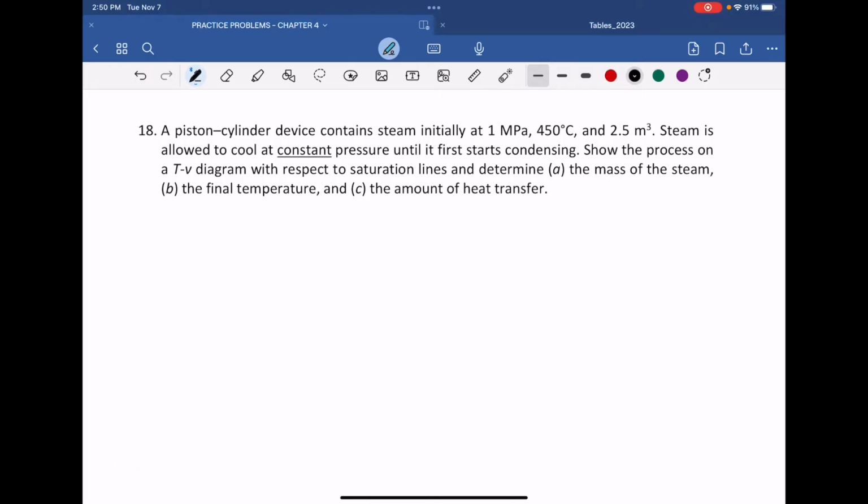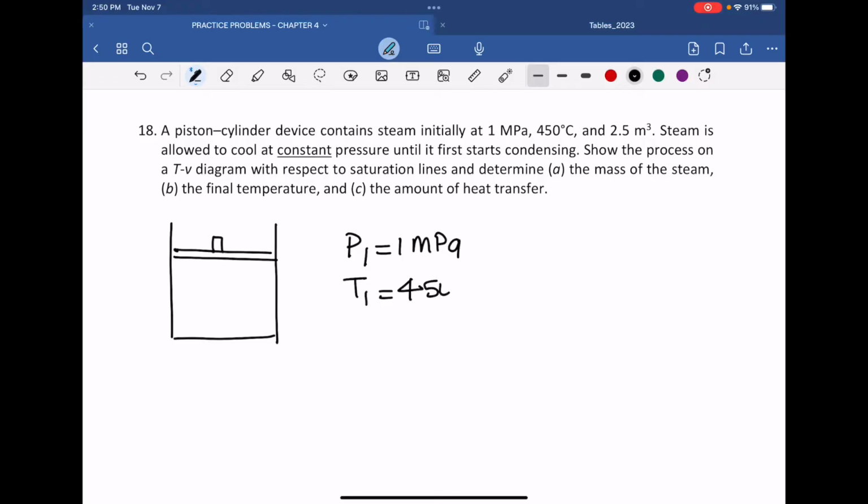Alright, there is a piston cylinder device that contains steam initially at 1 megapascal and 450 degrees Celsius and 2.5 meter cubed. So we would sketch it first. Steam is cooled at a constant pressure until it first starts condensing.